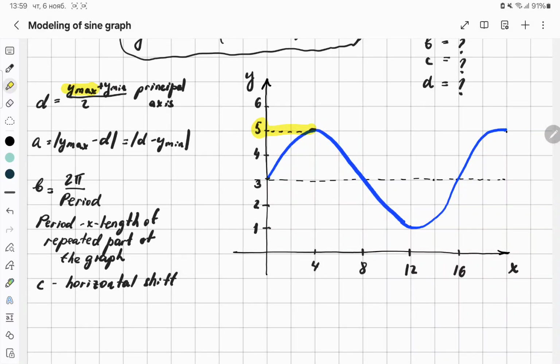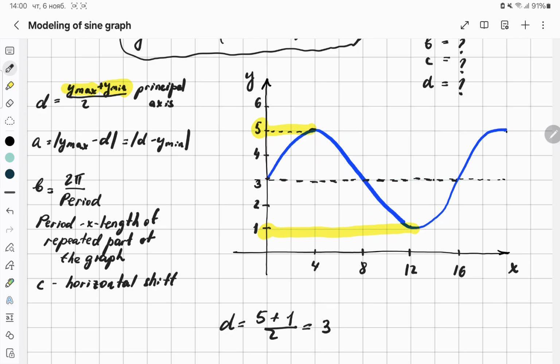So y max is 5, and y minimum is 1. So it means that d for this case is equal to 5 plus 1 divided by 2, which is 3. Okay, 3. It's not always that there will be a dashed line here, but I placed the dashed line just to show one more time that this is the principal axis.